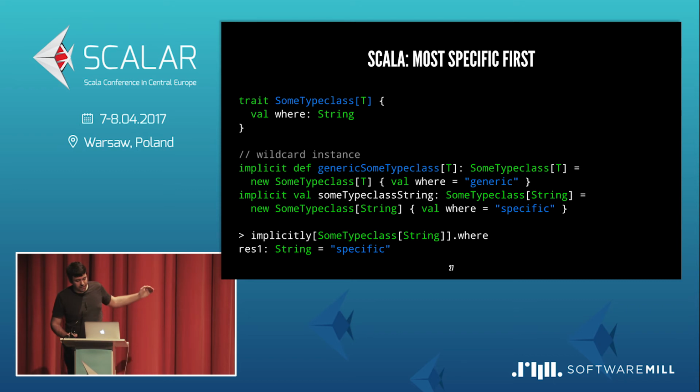Otherwise, we also have an implementation specific for string. If we were to have both in scope at the same time, once we ask for an instance of this type class for string, we would get the most specific one, the one just for string, because that's more specific than any type that we can have.